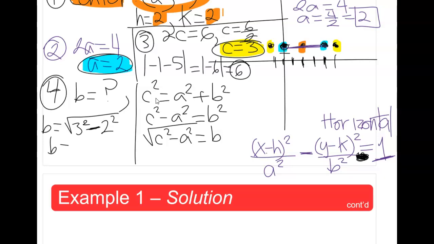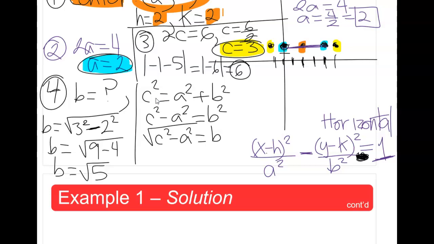And from here we get that b is equal to the square root of 9 minus 4, and that will give me the square root of 5. 5 is a prime number, so I know I cannot simplify it. We will just leave it like that so that we have an exact answer, the square root of 5.